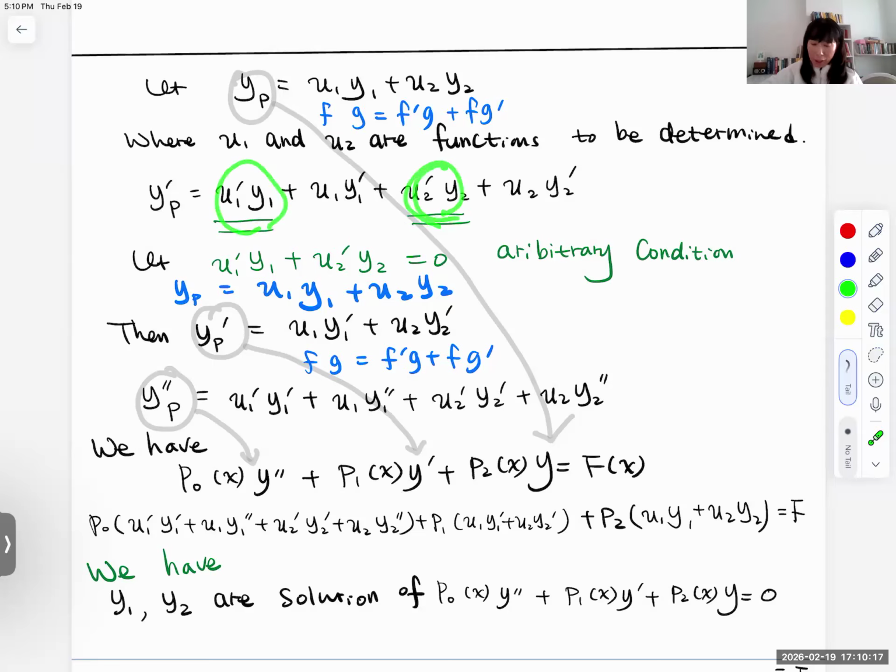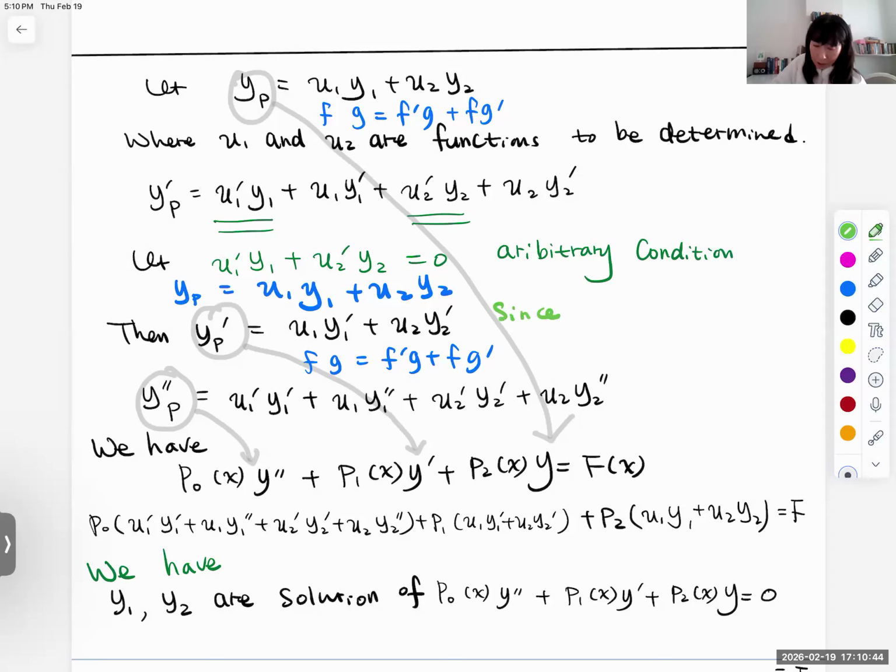If this is 0, then the remaining is only this: u sub 1, y sub 1 prime plus u sub 2, y sub 2 prime. Let me write that down.